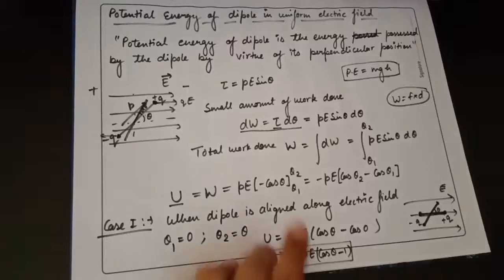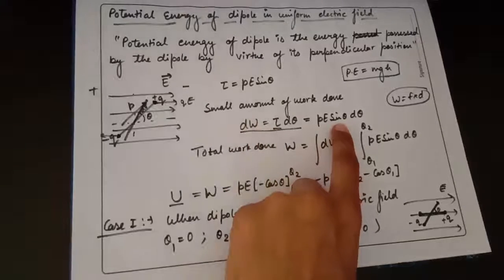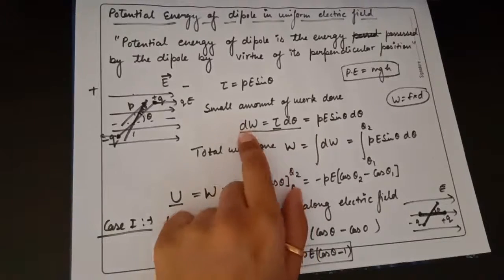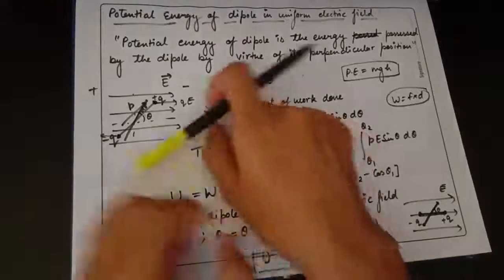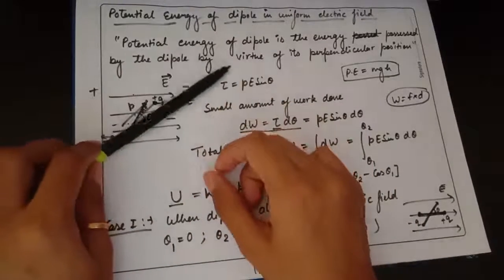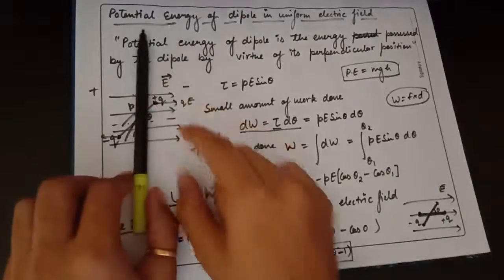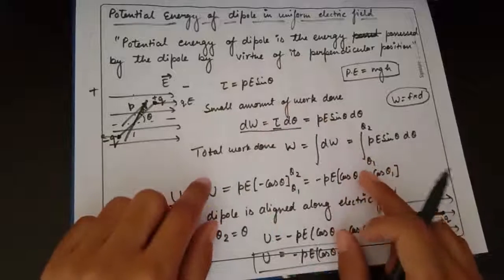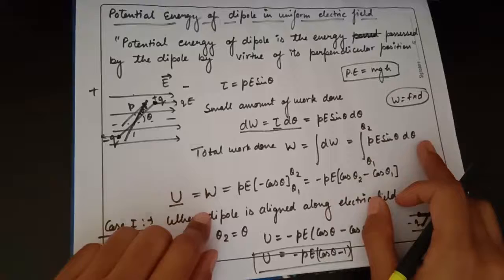and in place of tau, p E sin theta, already written. I have already written it here. So total work done will be nothing but the integration of this small work done. If the dipole is initially at some angle theta 1 and now I have rotated it to some angle theta 2 with the electric field, then I will put the limits theta 1 to theta 2 and p E sin theta d theta over it.